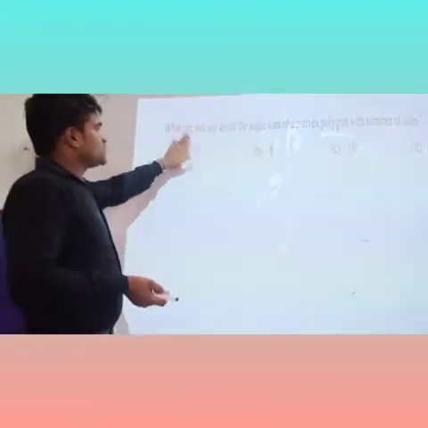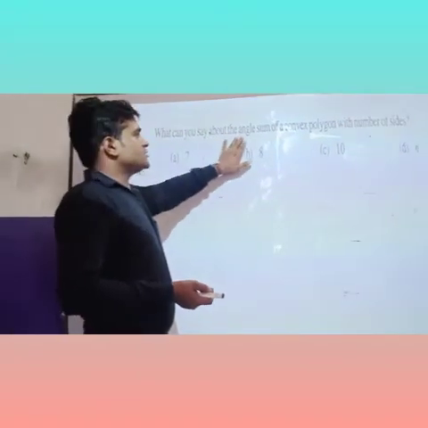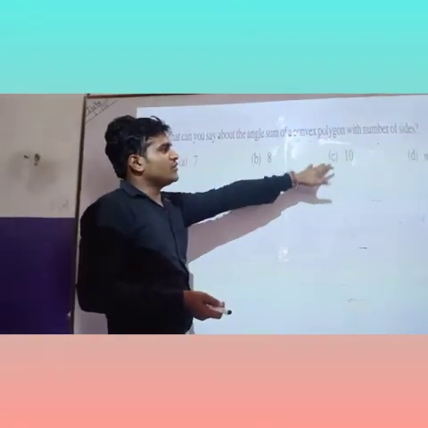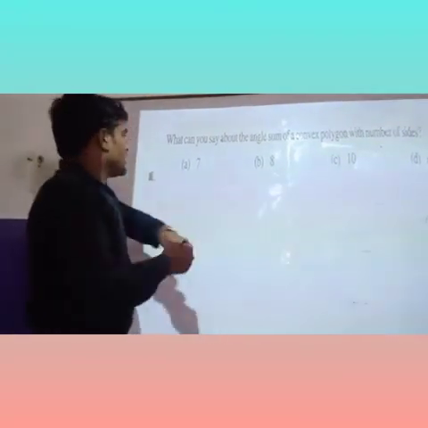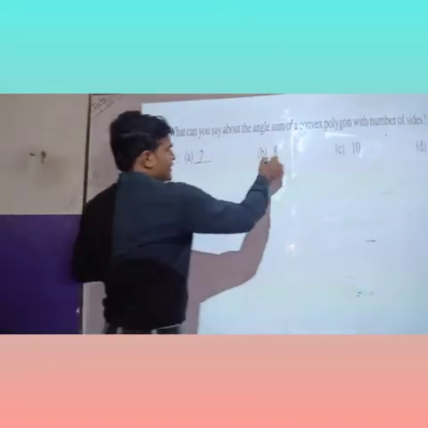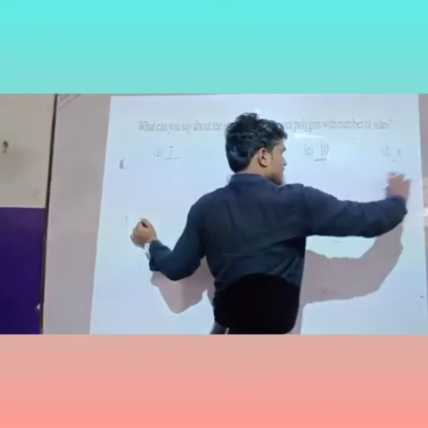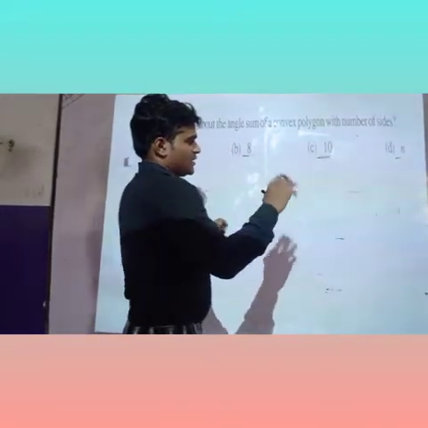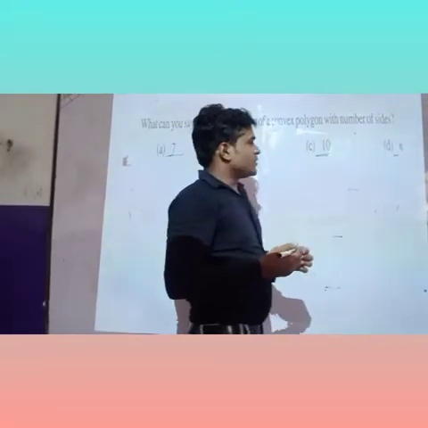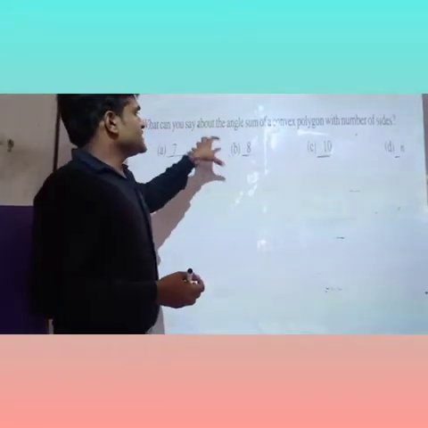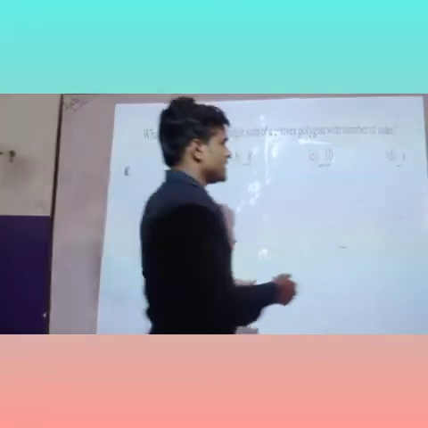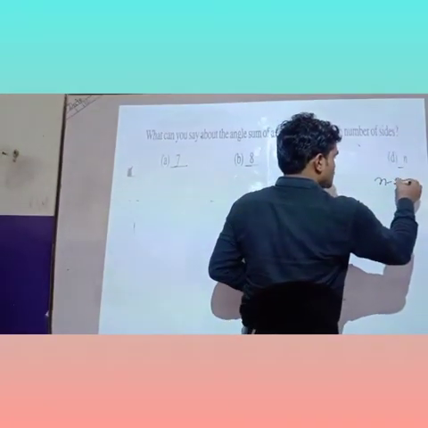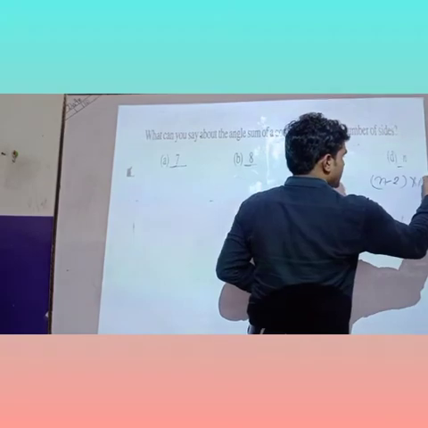Okay. Here a question is given: what can you say about the angle sum of a convex polygon with this number of sides? How many sides are there? 7, here is 8, here is 10, and here is 10. As we know, the sum of interior angles of a convex polygon is (n minus 2) into 180 degree.